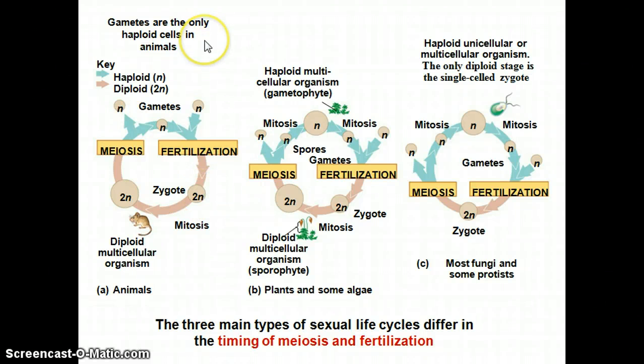So starting with animals, which is what we're really focusing mostly on here, we already talked about how the adult here is 2N, the largest portion of the three life cycles that we have here. And then through meiosis, we have the production of gametes, and then when two different gametes are joined together in fertilization, we go from haploid back to diploid.